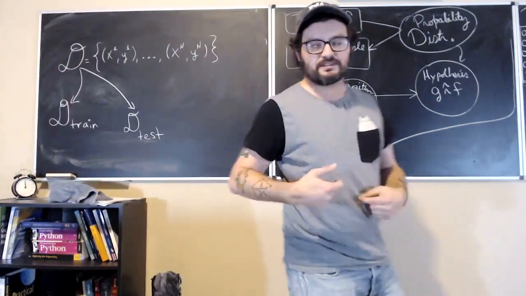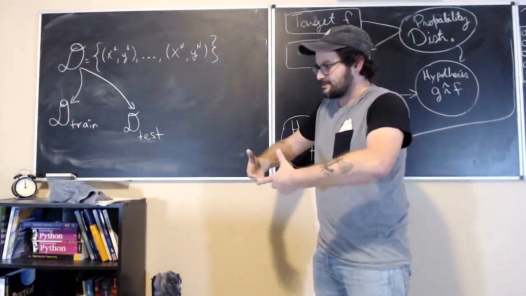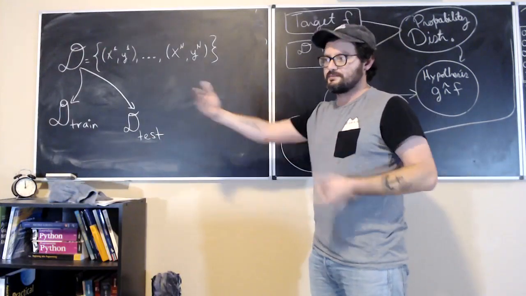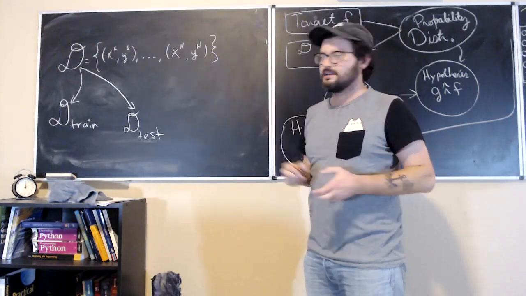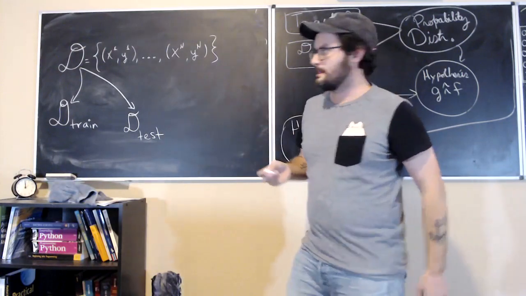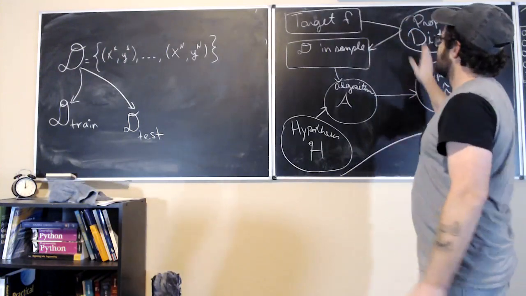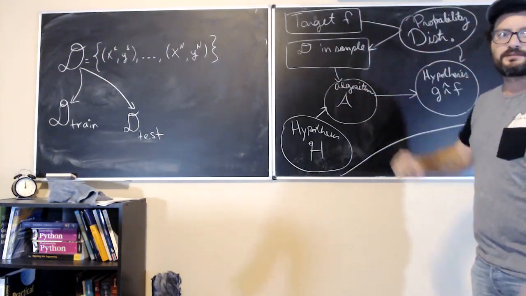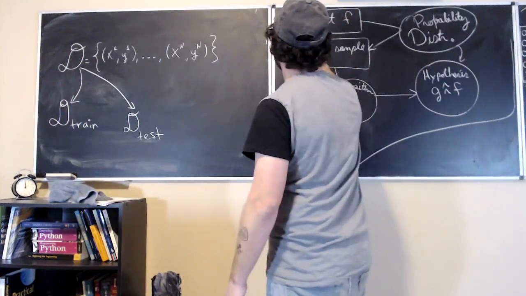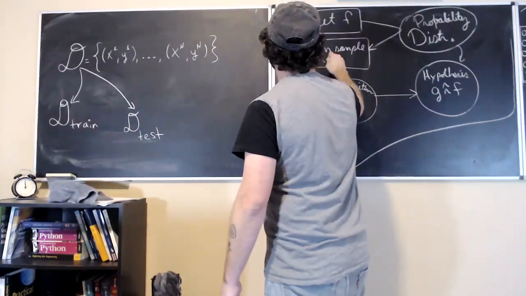So we're thinking about a real world scenario. We're given data, and we know nothing about the theoretical aspects of what's outside of it. We're just given data. So now we can adjust this model by saying that this is D-train.